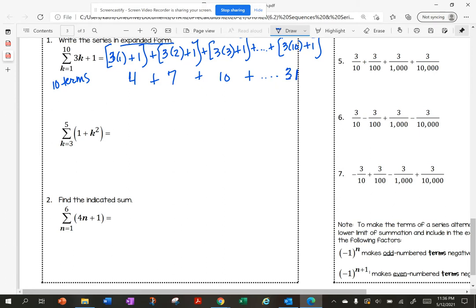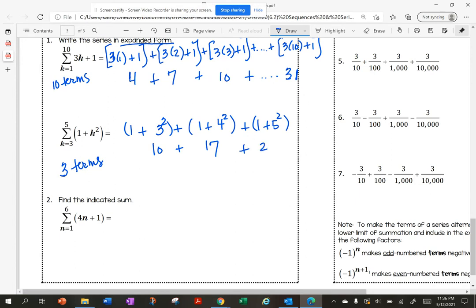Okay, I know I have 3 terms because I'm just doing 3, 4, and 5. So this is going to look like 1 plus 3 squared, plus 1 plus 4 squared, plus 1 plus 5 squared. 3 squared is 9 plus 1 is 10. 16 plus 1 is 17. 25 plus 1 is 26.